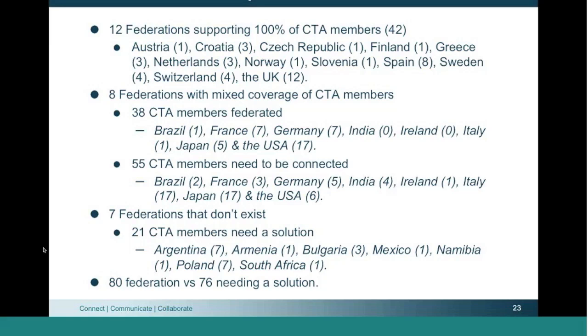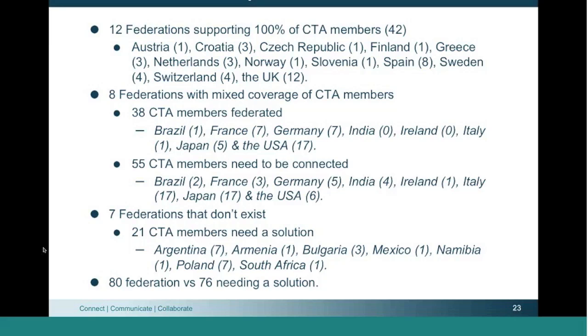Out of the 7 federations that don't exist, there are 21 CTA members that need a solution. Either they need access via a social identity provider, or eventually the development of an identity federation. And in fact, as I mentioned before, Mexico has an identity provider for that partner.